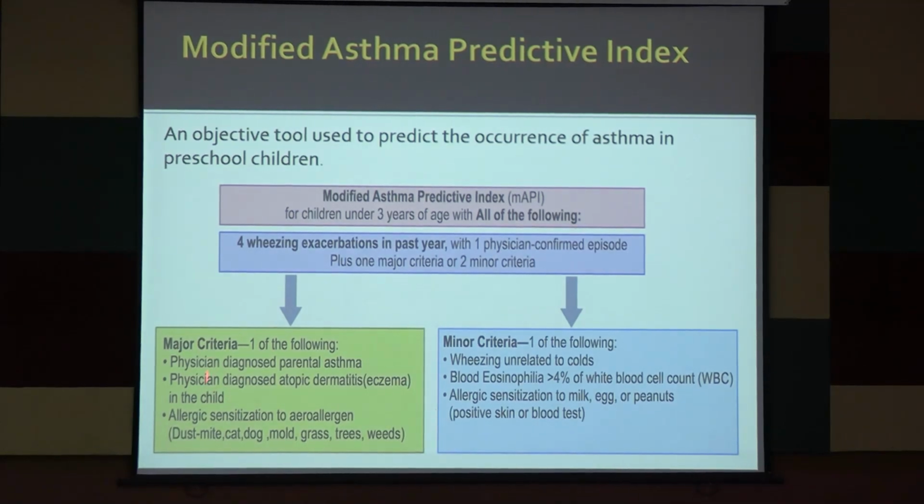Only one major criterion is needed, and minor criteria are one of the following: wheezing unrelated to colds, blood eosinophil more than 4%, and allergic sensitization to milk, egg or peanuts. So 4 wheezing exacerbations in 1 year along with 1 major criterion or 2 minor criteria is sufficient to predict whether any child will develop asthma in future.